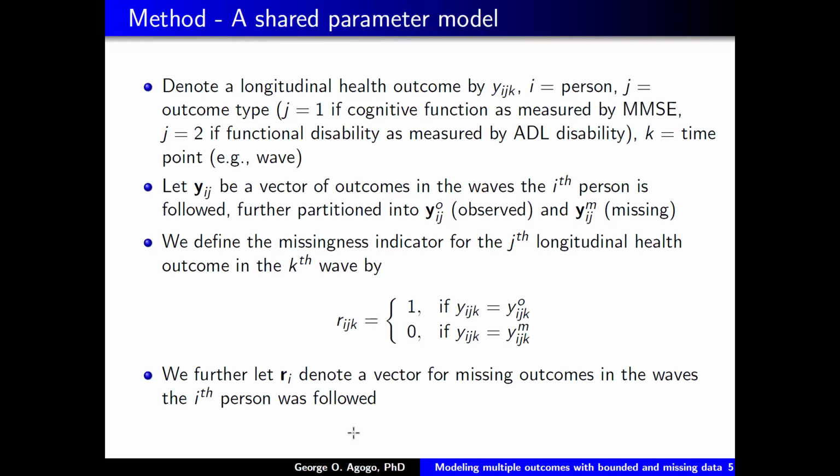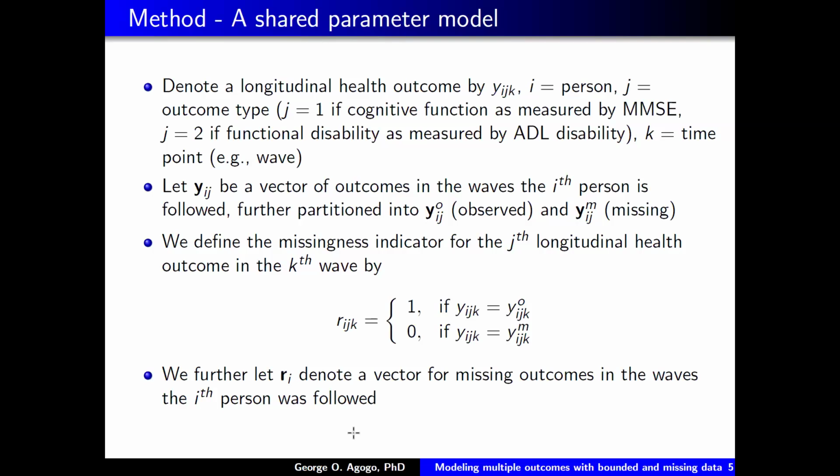Then there is the bolded Y subscript ij. This is just a way to denote a vector. A vector is a way to compress or simplify notation for multiple outcomes or multiple variables. So we let Y_i be a vector of outcomes in the waves the i-th person is followed.